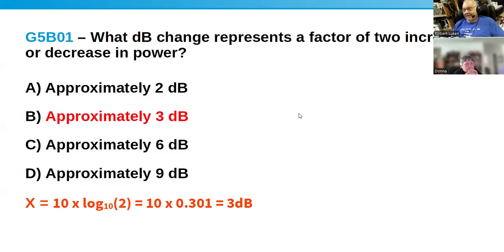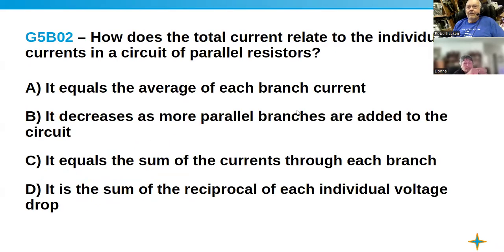How does the total current relate to the individual currents in a circuit of parallel resistors? In parallel, that would be the sum of the currents going through each of the branches. So Charlie.